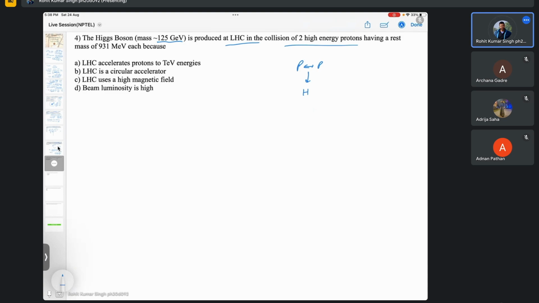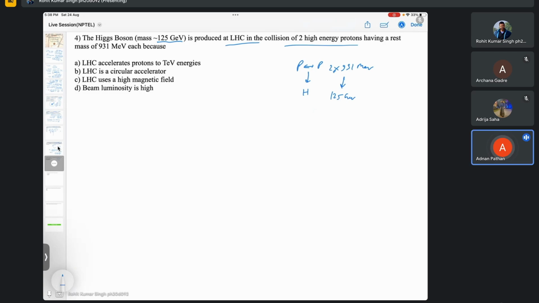We know that the proton has 931 MeV rest mass energy. So how do two protons of 931 MeV give us a Higgs boson of 125 GeV? That is the question.